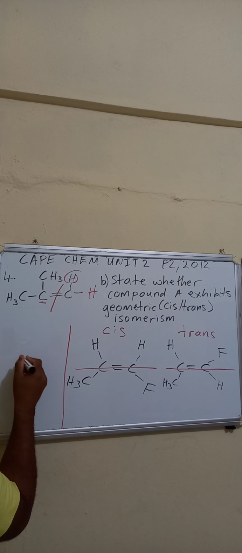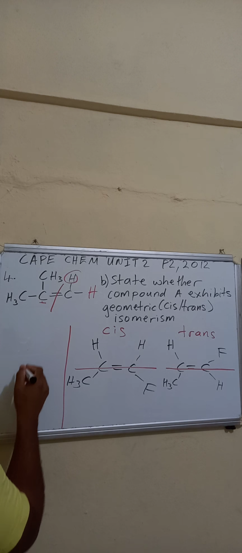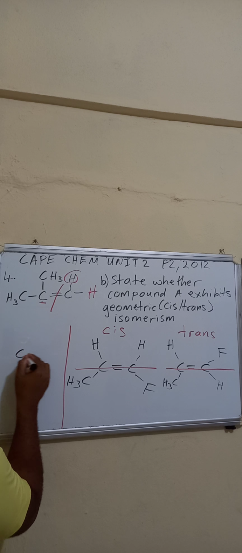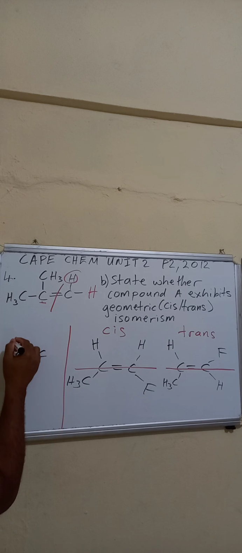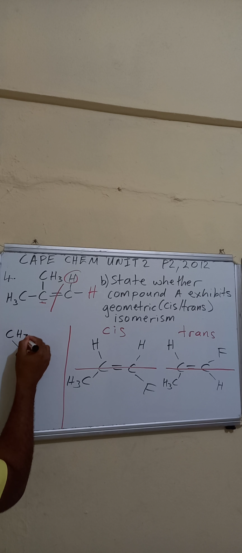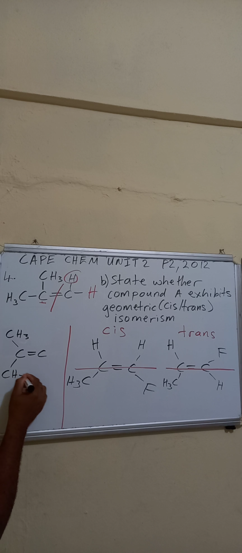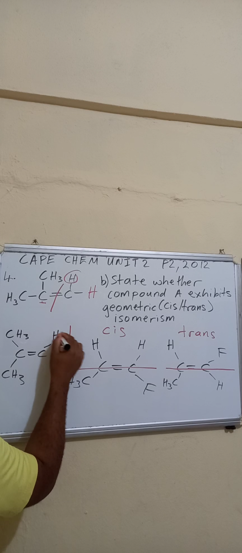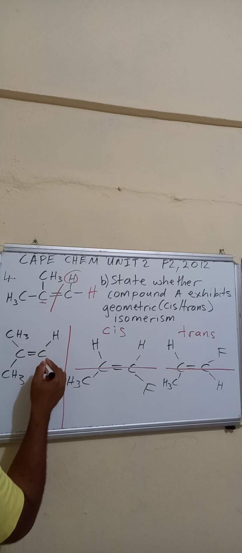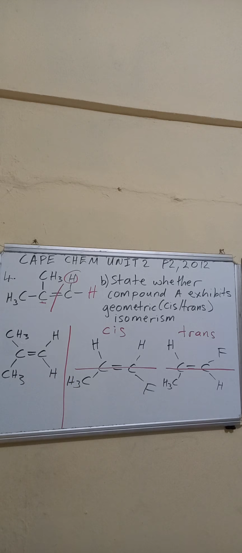alright, so we have carbon to carbon double bond. We have CH3 group there. So that's the structure for compound A. Remember, for it to be cis and trans, right, each carbon atom must have a group in common.